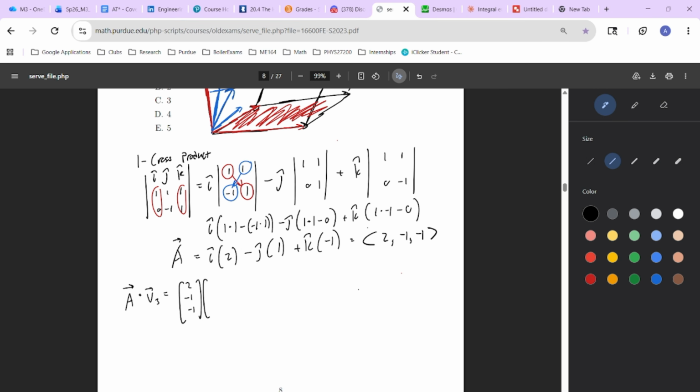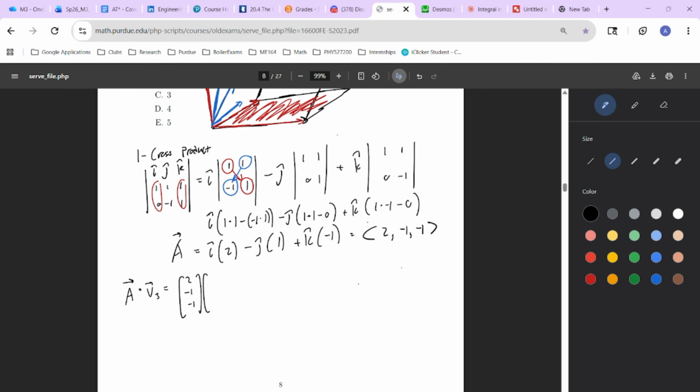And then v3 in this case would be 1, negative 1, and 0. The dot product just says, I'm going to take the x entry in the first one, multiply by the x entry in the second one, take the y entry in the first one, multiply by the y entry in the second one, the z entry in the first one, multiply by the z entry in the second one, and simply sum all those products together to form your final dot product.